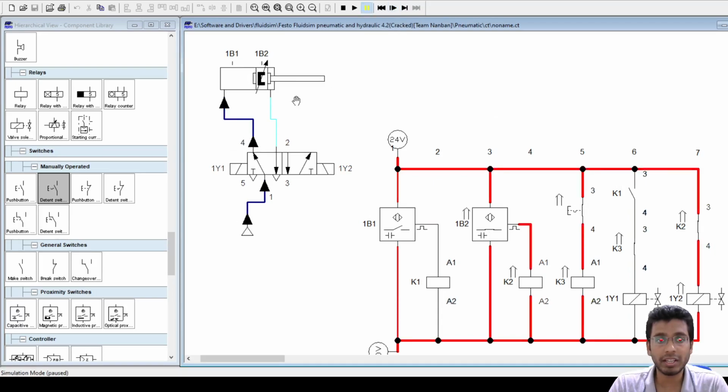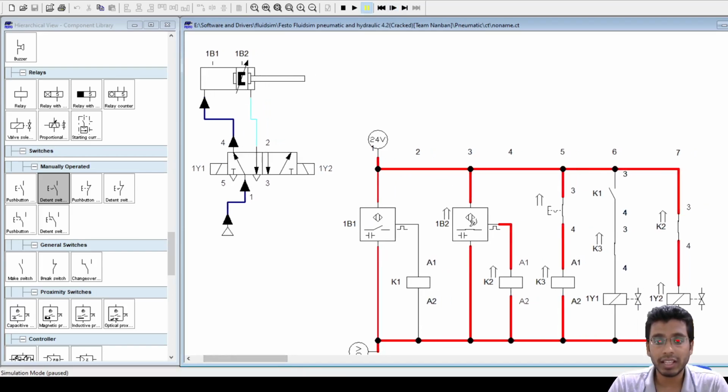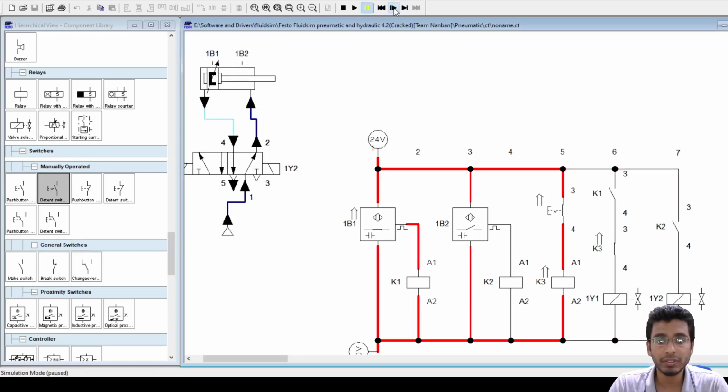The moment it is completely extended, your 1B2 gets triggered. Fine. And then with that 1B2, your K2 gets triggered. From this K2, your 1Y2 solenoid will get actuated, and hence this will retract back. Fine.